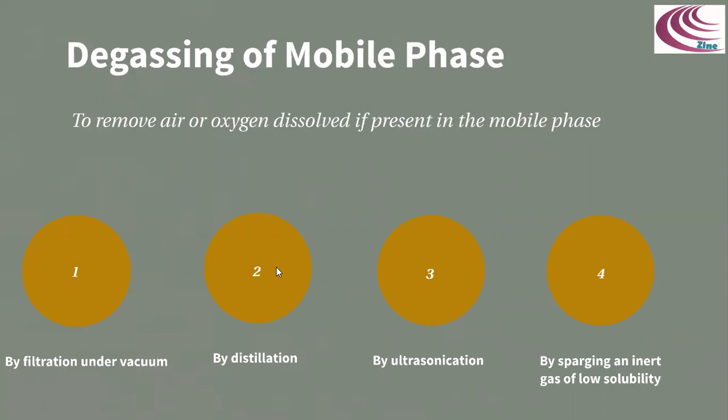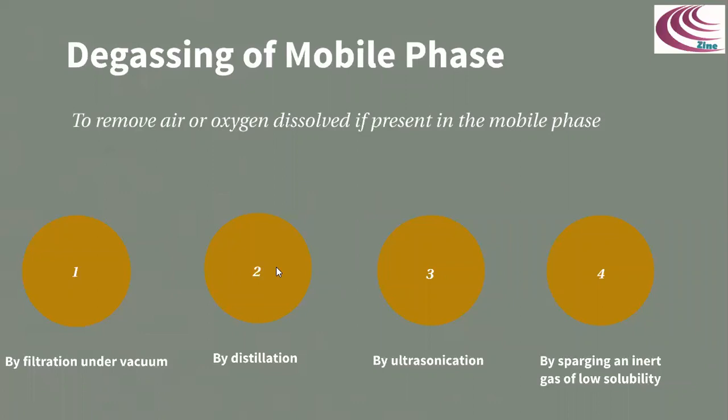What will happen in sparging, that is, sparging of an inert gas of low solubility? Sparging, also known as gas flushing, is a technique which involves bubbling a chemically inert gas of low solubility, such as argon or helium, through the mobile phase. This can be used to remove dissolved oxygen and nitrogen that interfere by forming bubbles in the column.